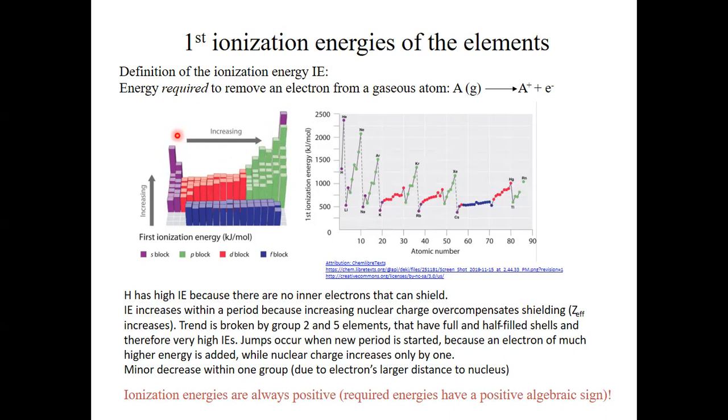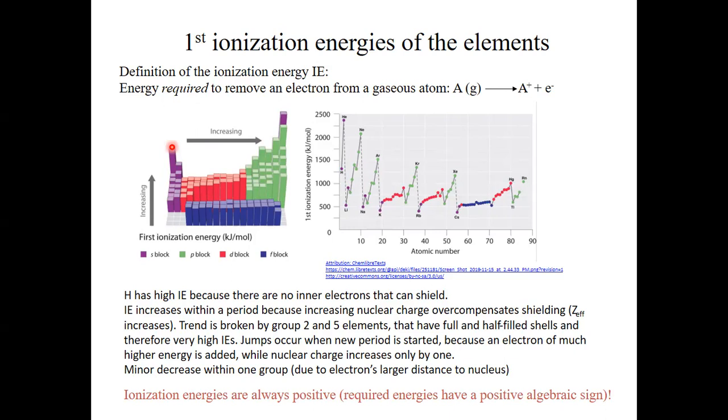However, you see there's one exception, which is that there's a very big drop from hydrogen to lithium. You never see such a big drop in any other group. And that is because hydrogen is unique in the sense that it has no other electrons that could shield the one electron.